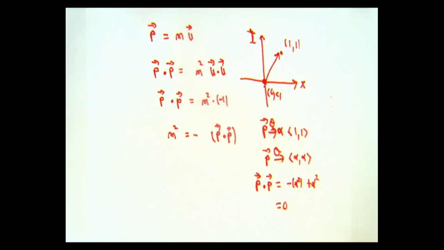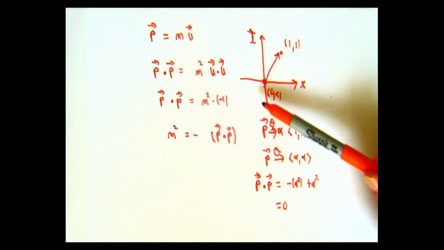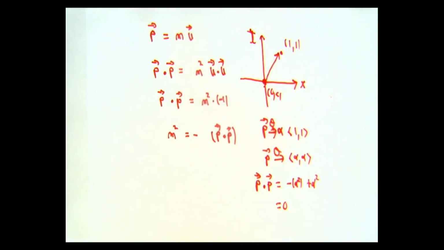Also, a technicality: there is a vector that points along the direction of the path of the photon, but I can't rig it up so that the dot product of that tangent vector with itself is negative 1 because of this 0 here.